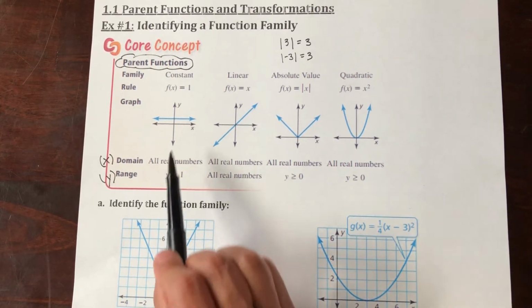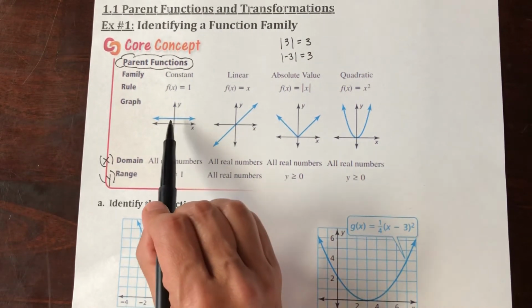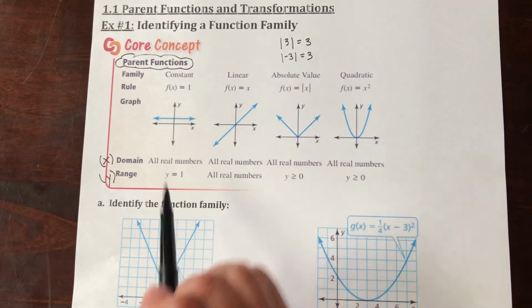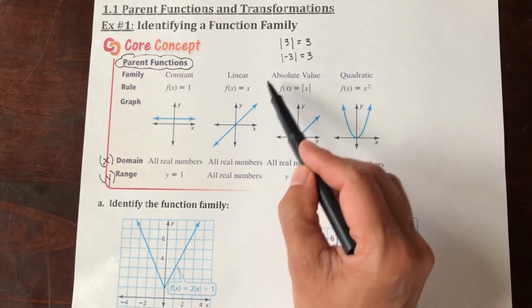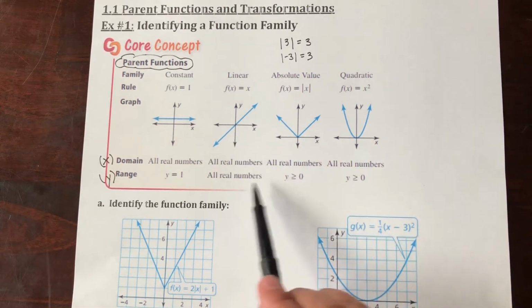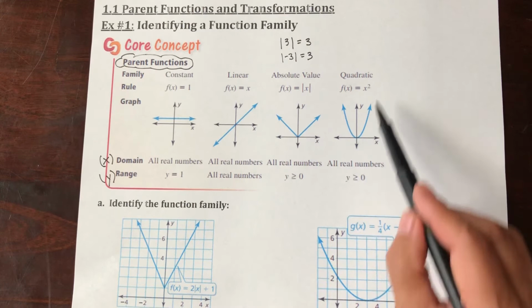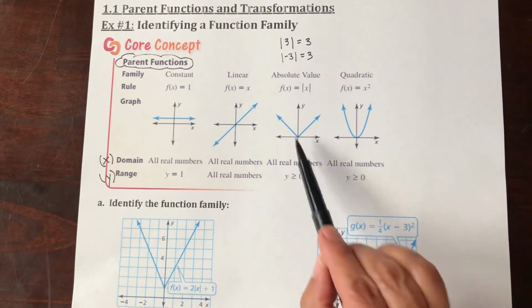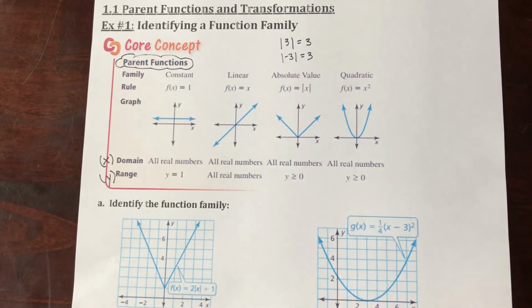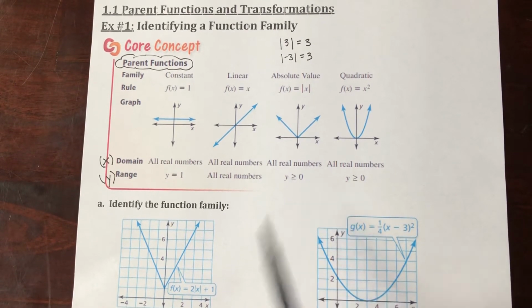The range for this constant function, those are your y values, in this case y is always 1. Here, you have y values forever going up and down, so it, again, is all real numbers. And for these two, the blue graph only goes up from 0. So there are no negative y values in each function, so we say the range is y is greater than or equal to 0 in both of them.